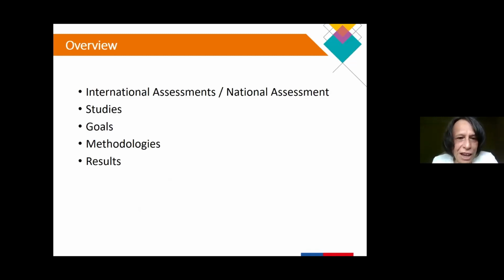First I will speak a little bit about why a small country like us wants to participate in international assessment, and how it promotes our national assessment. I will present the studies we have done, the goals we try to achieve with those studies, the methodology we use, and some results.